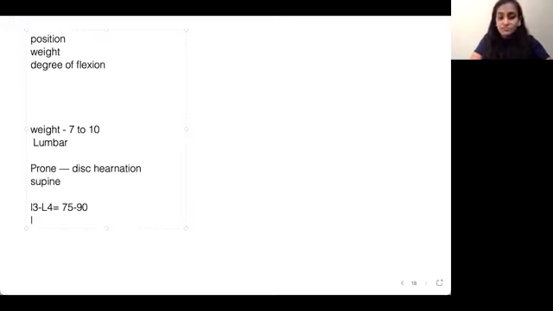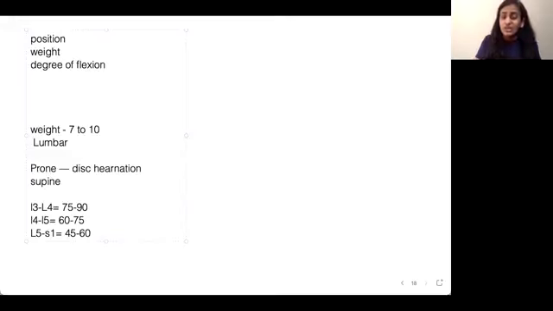If you are at L4, L5, it requires somewhere between 60 to 75 degrees of flexion. If you're at your L5 to S1 level, it needs around 45 to 60 degrees of hip flexion. Sorry about that. So as we go lower, the flexion is going to decrease.